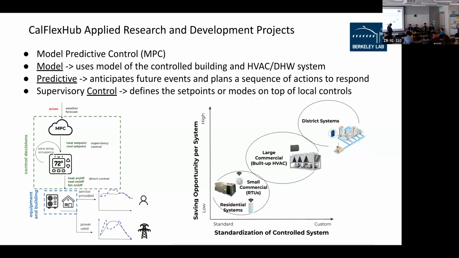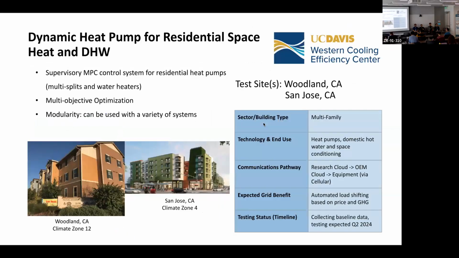On the other side, we go to larger commercial buildings and to district systems. These 4 projects will show one of each case in sequence from the smallest to the largest. And we can start. Keaton?